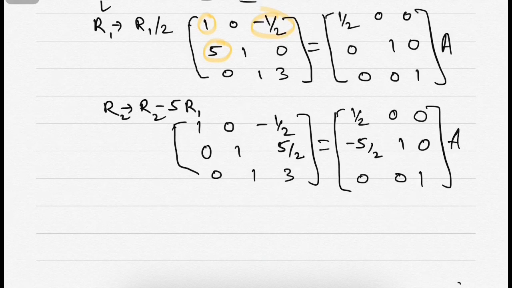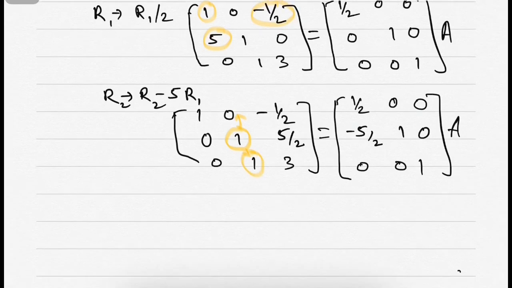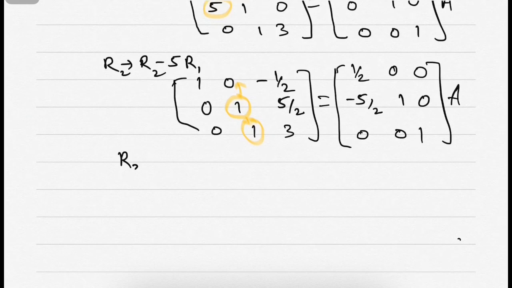Then our next pivot point will be the second element of the leading diagonal, and we make all the elements above and below it 0. The above element is already 0, so we'll make the below element 0. For that we'll do R3 minus R2, and we are not making any change in R1 and R2.